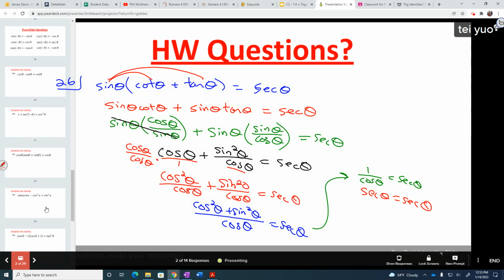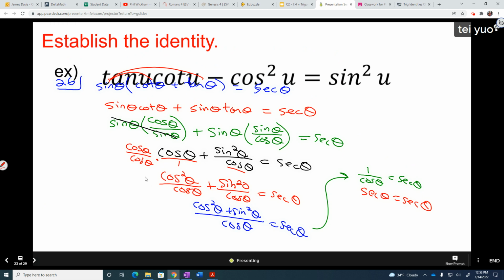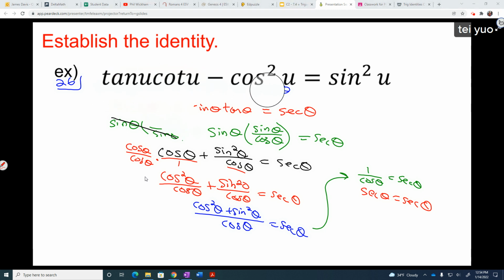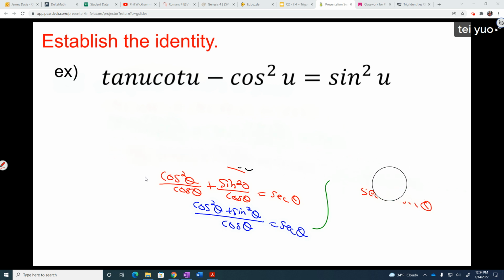So let's start where I picked here. All right, we're going to start with this one. This one, they're just going to switch up the variable on you and do the problem. So we're going to use a u instead of a theta. And we're going to be using the Pythagorean identities mostly today.